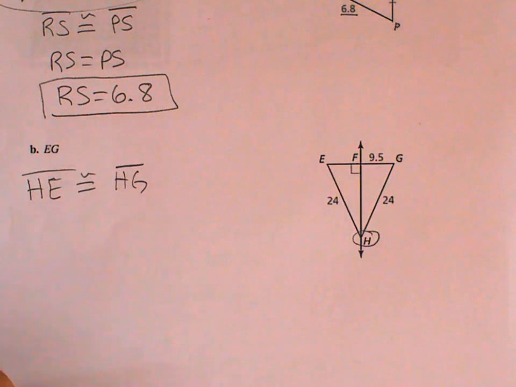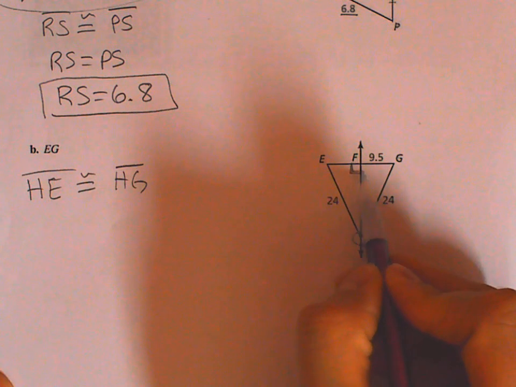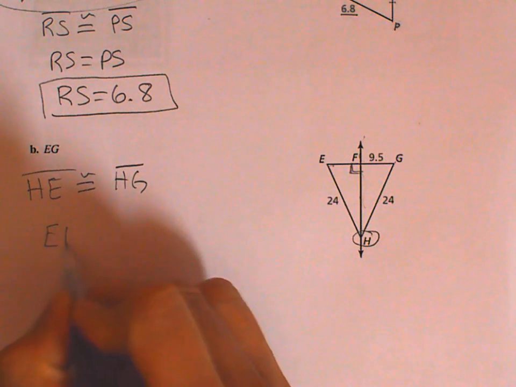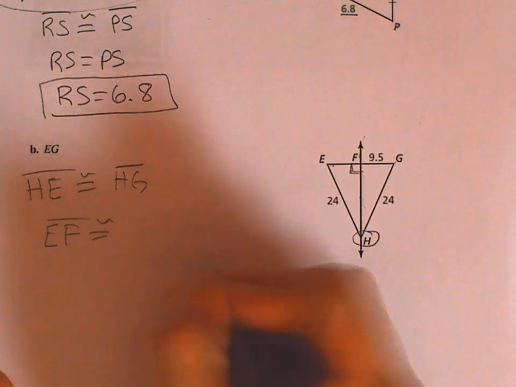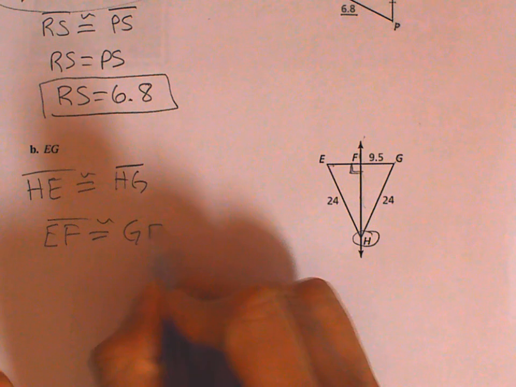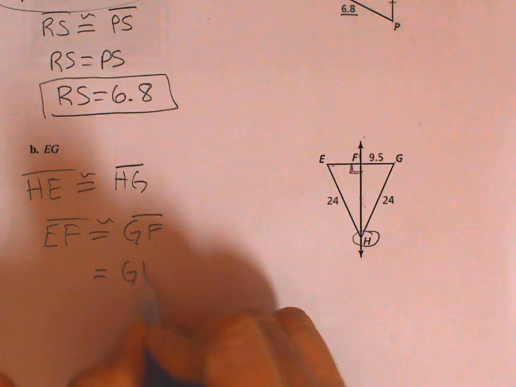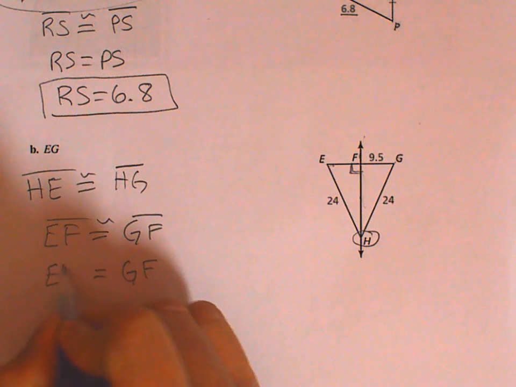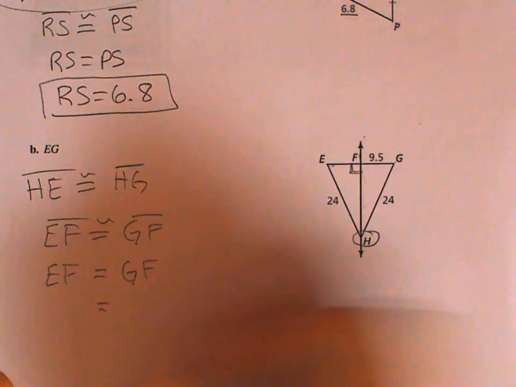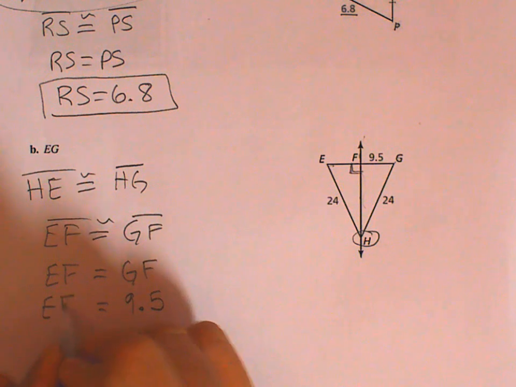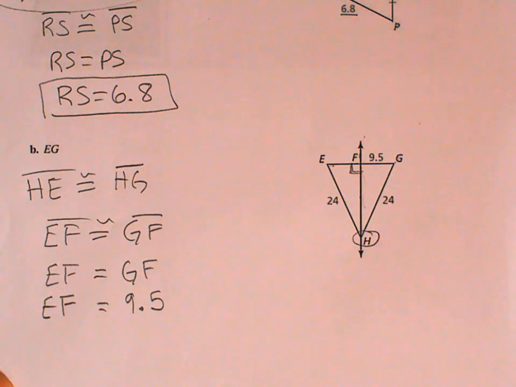Since this is a perpendicular, that will imply that this line here bisects this whole segment, which means that EF is going to be congruent to GF. And what is the measurement of GF? Well, the measurement of GF happens to be 9.5. So therefore, EF is 9.5. And that's example number 1.